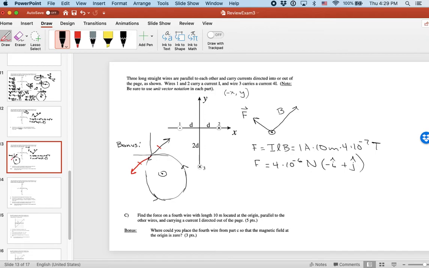So this is tangent to the circle right there, and that's where I need to place it. And because I'm still doing all 45 degrees, where am I going to place it? Let's see.